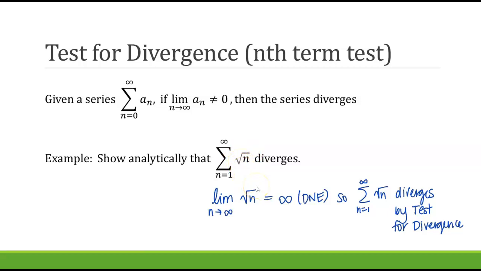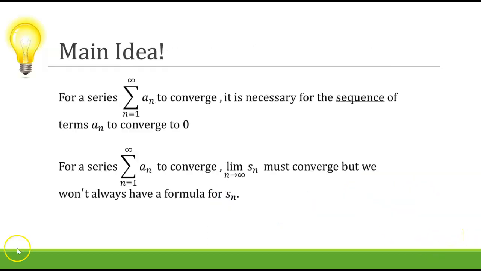If they're going to anything other than 0, then you're done. That infinite series does not converge. It diverges, right? So here, again, the limit as n approaches infinity of the square root of n is equal to infinity. Therefore, it does not equal 0. So the infinite series diverges by the test for divergence.